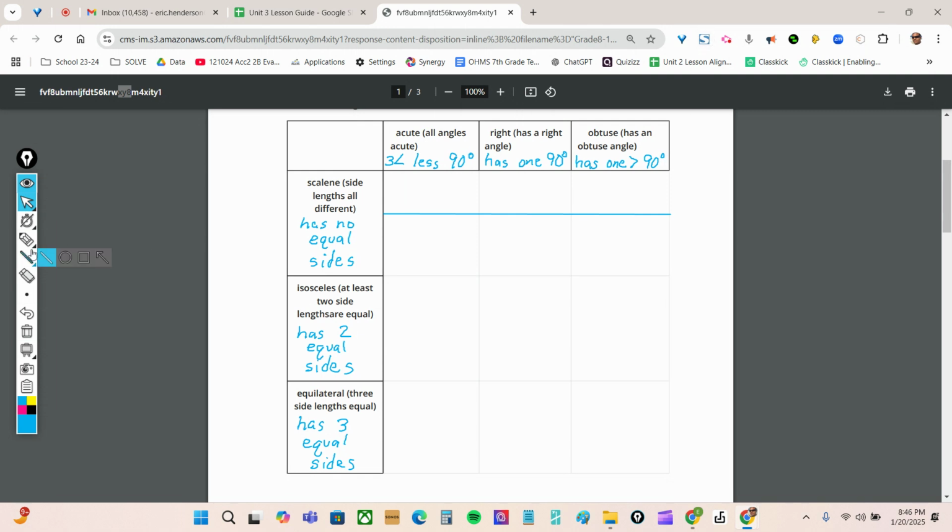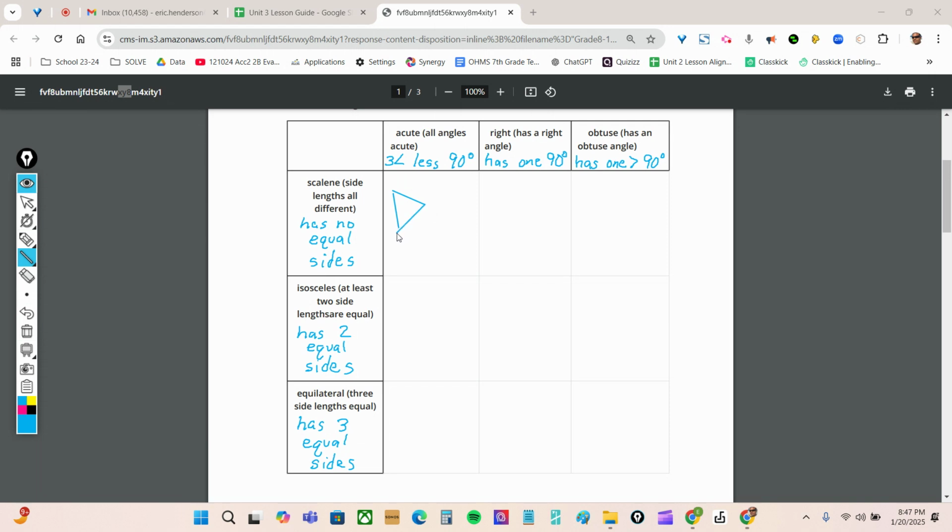All right, so let's keep this moving. Scalene and acute. What's scalene? That means has no equal sides, or all the sides are different. It's kind of hard to demonstrate these things.